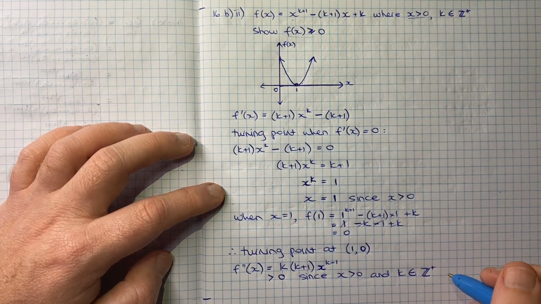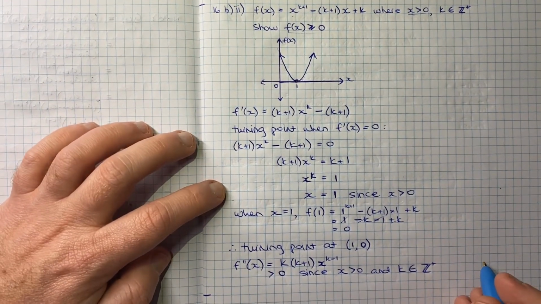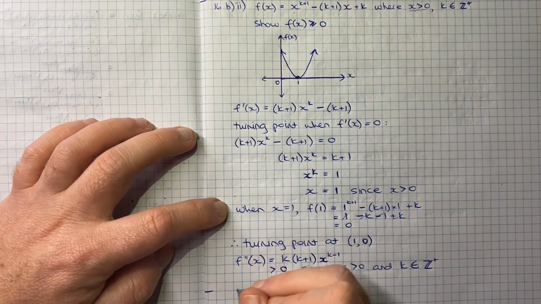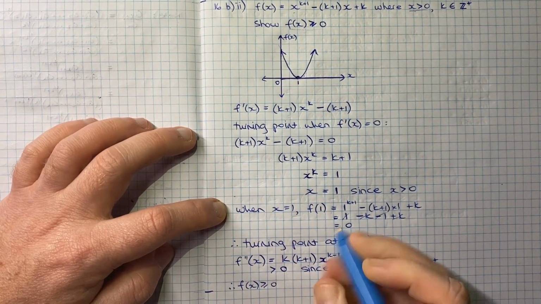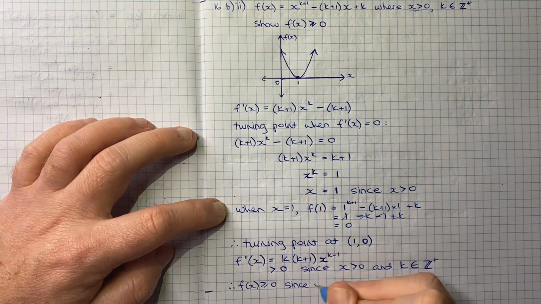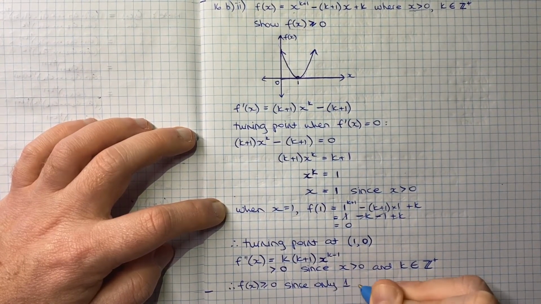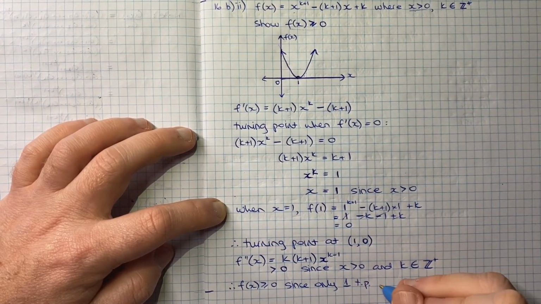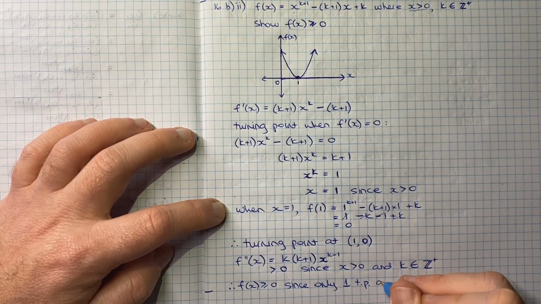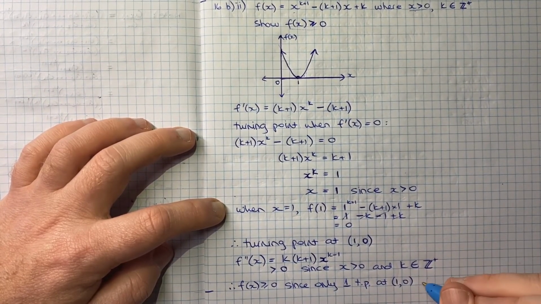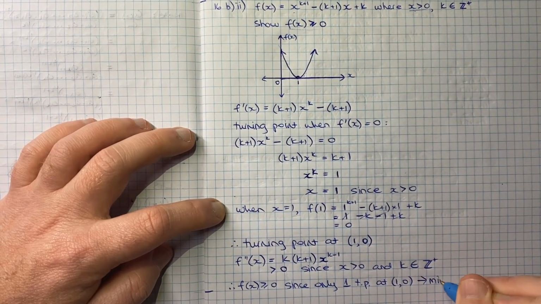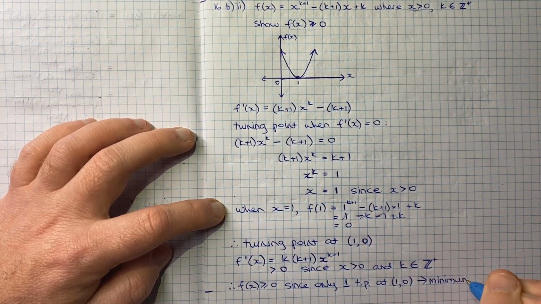So maybe if I just make a little bit more space, we can say, therefore, f(x) is greater than or equal to 0, since only one turning point at (1, 0), and it's a minimum turning point.